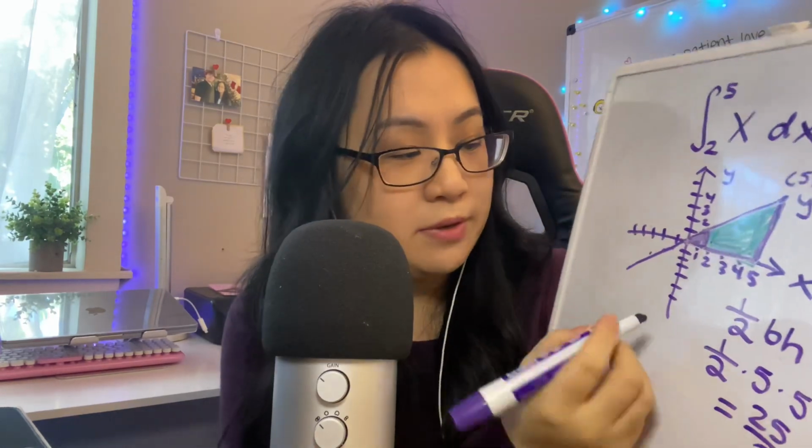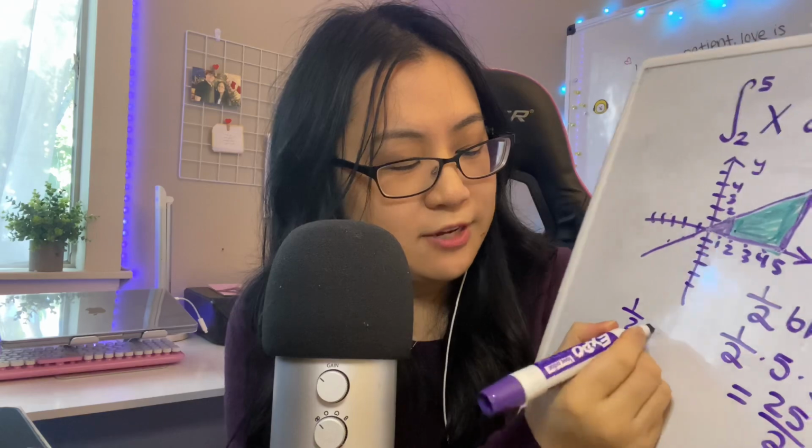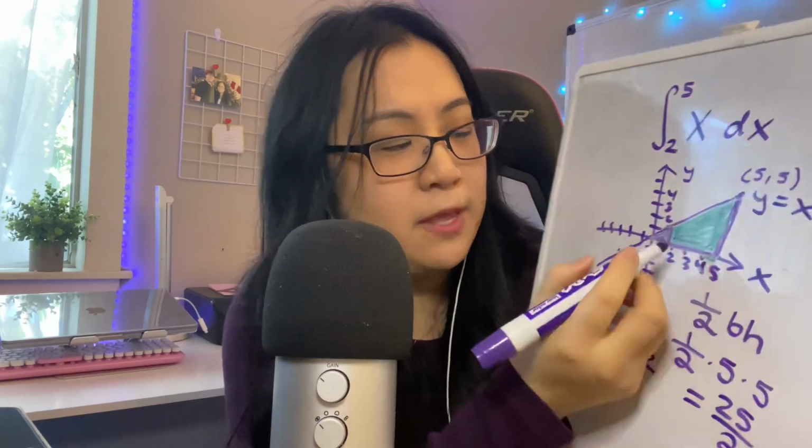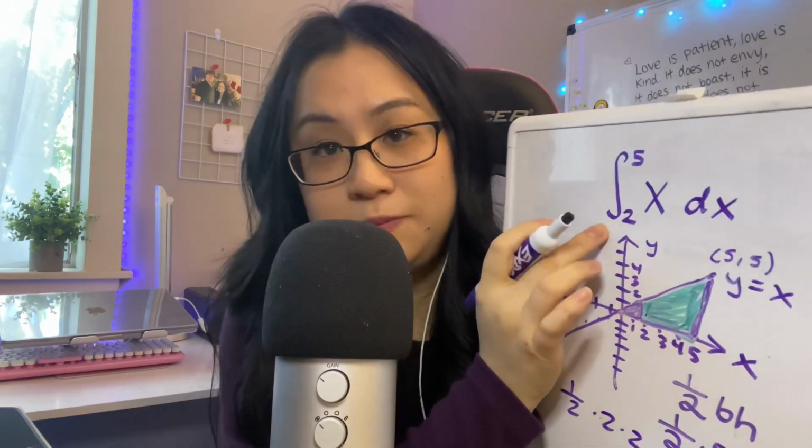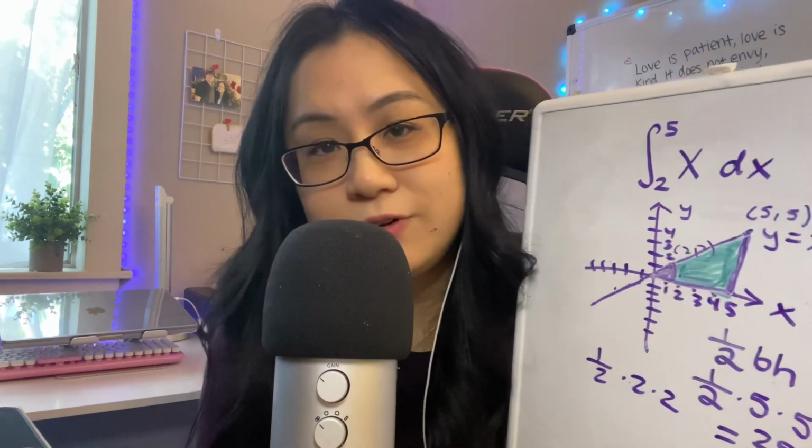And then if we do the little triangle, to subtract out from this one, I have a 2 across and 2 up. So half times 2 times 2. Because of this 2, I have a little cutout here. So this point would be (2, 2), because we have the function y equals x.